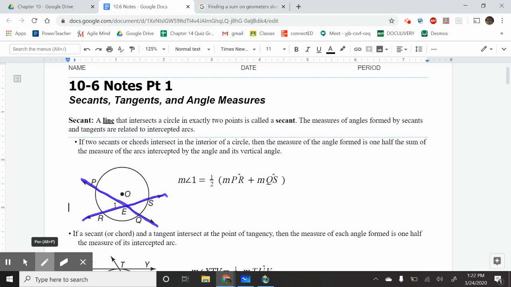Now, remember that angle 1 is congruent to angle SEQ, and also the sum of angle 1 plus that angle is the same as the measure of arc PR plus SQ. Now, notice that the formula that they're giving you is that the measure of angle 1 is equal to half of the sum of these two, which is something that we talked about.